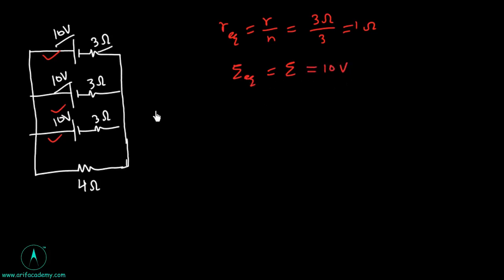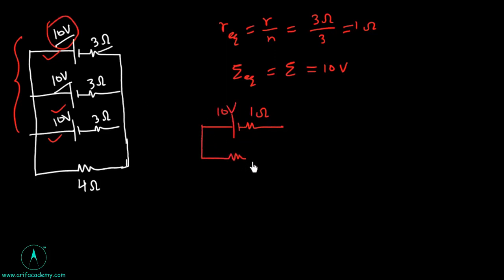So these 3 cells can be replaced like this by a single cell whose internal resistance is 1 ohm, and EMF is EMF of either cell, I mean 10 volts, and it's connected to an external load which is 4 ohm. So we can find current easily in that. I equal to 10 volt upon 1 plus 4, I mean 2 ampere.